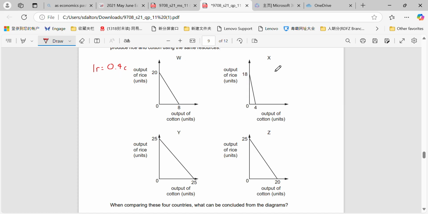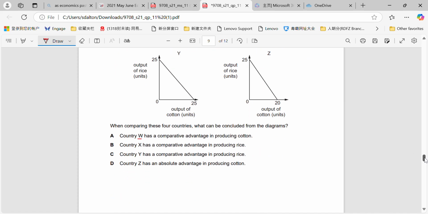But we can see here for country X that to make one rice they have to give up less cotton, right? So for country X they have to give up 0.22 cotton, which gives them a lower opportunity cost, and therefore tells us that A is incorrect.